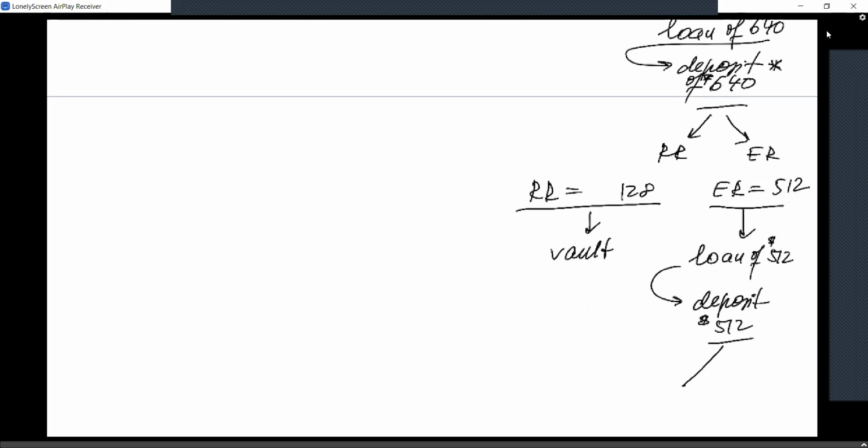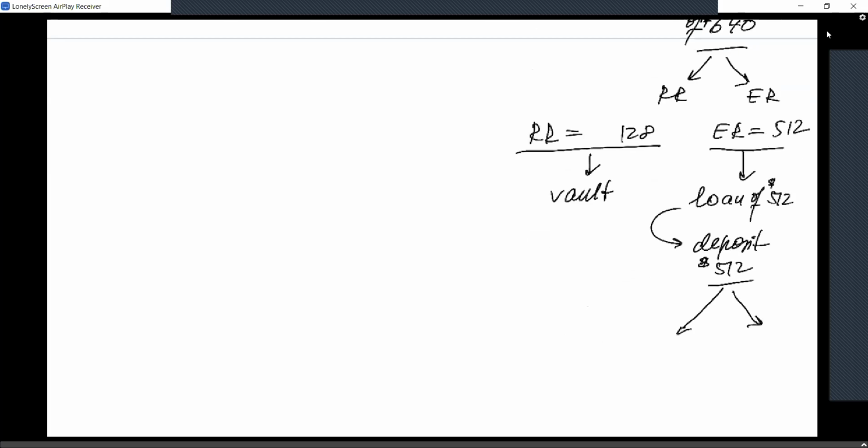What happens to a deposit when it comes into the banking system? That's right. It will be split into excess reserves and required reserves. Okay? All right? Of course, the rolling of depositing, splitting, lending excess reserves, depositing, splitting, lending excess reserves doesn't stop right here.